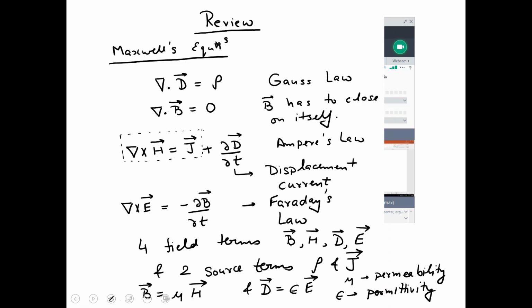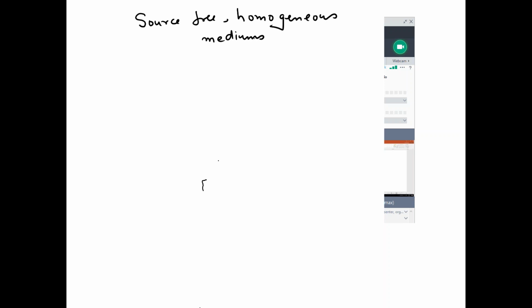So we had then looked at some specific cases where we had gone to source-free homogeneous mediums. By source free, we basically said the sources are not there, that the wave is created somewhere else. So rho is equal to 0 and J is equal to 0. The two source terms, rho being the charge density.